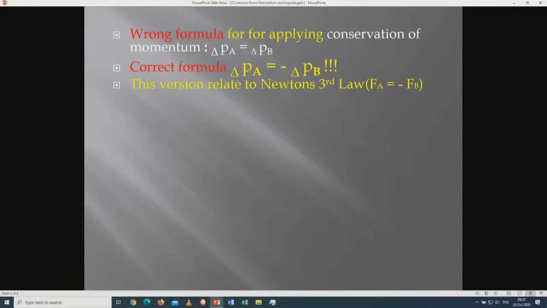Right, and I just remind you again, this relates directly from Newton's third law.